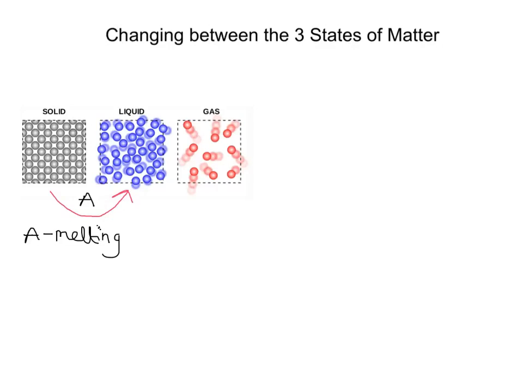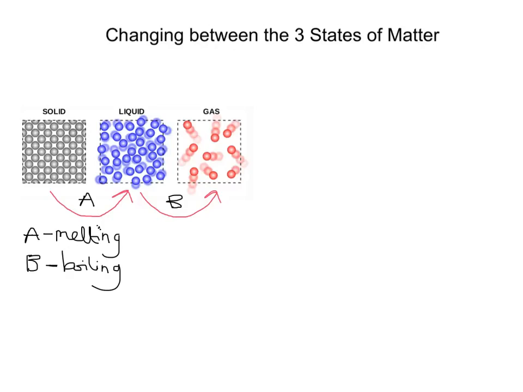So to turn a solid into a liquid, we undergo melting. If we wanted to turn a liquid to a gas, we'll call that process B. So to go from liquid to gas, that would be boiling. So that's what process B is. So going from solid to liquid is melting, and going from liquid to gas is boiling.